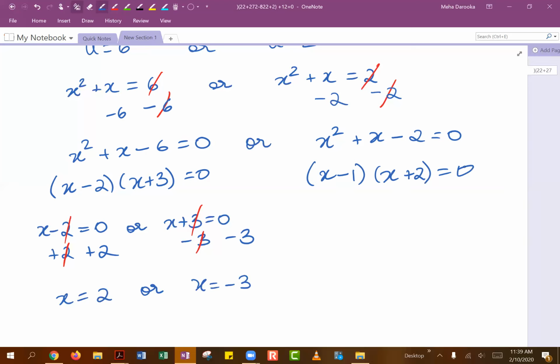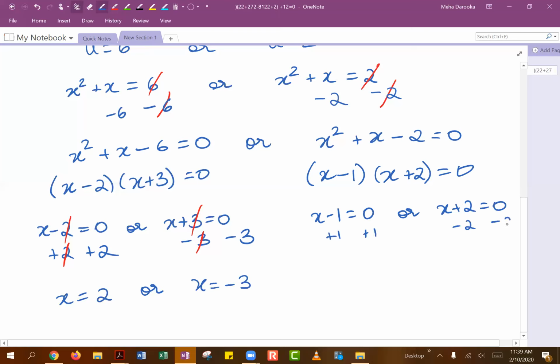So you should again get 2 answers from here. Take x minus 1, set it equal to 0, or x plus 2 equal to 0. Let's see, we're adding 1 here, subtracting 2 there, and you get x equals 1 or -2, right?